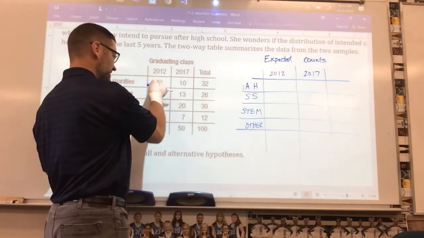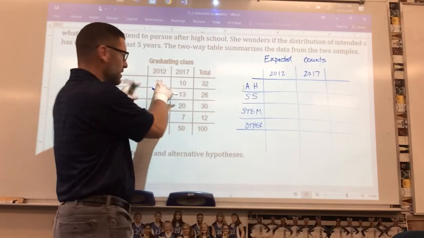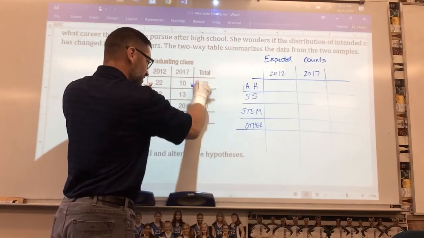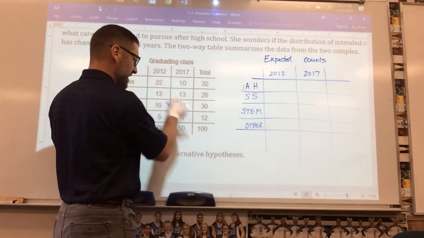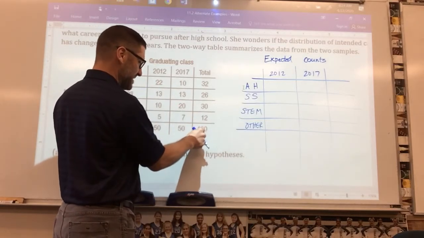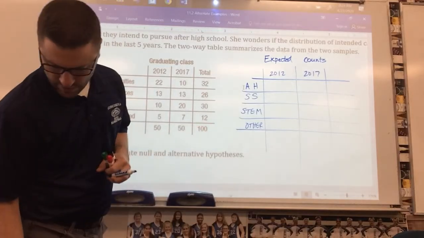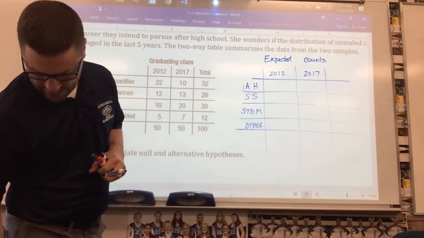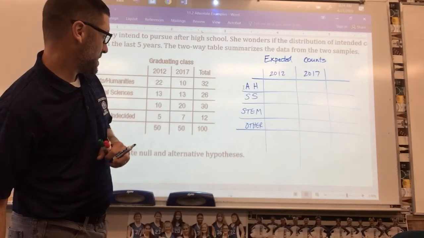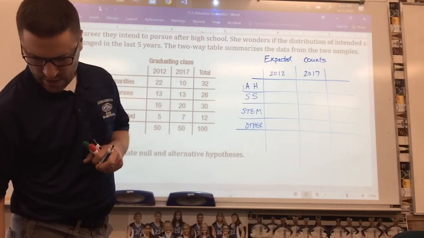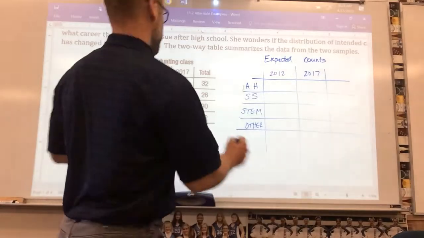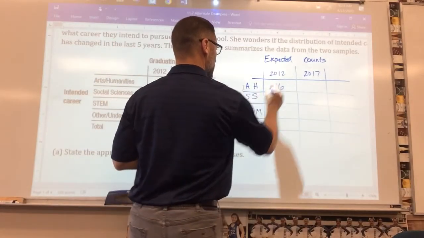So for this cell right here, row total 32 times column total 50 divided by table total 100. So I'm going to do that right now. I'm going to go 32 times 50, enter, divided by 100, enter, and I got 16 for that cell.